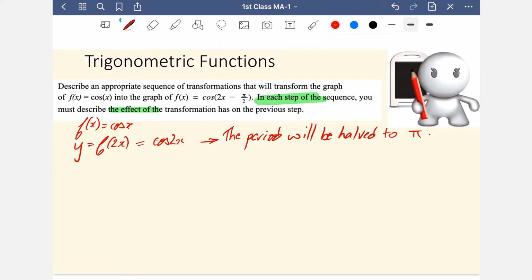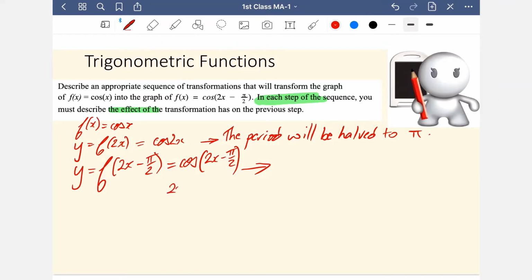Then what happens next? Well, now I substitute f of 2x minus pi on 2, and that gives us cos of 2x minus pi on 2. Now here, it's all about the horizontal translation.